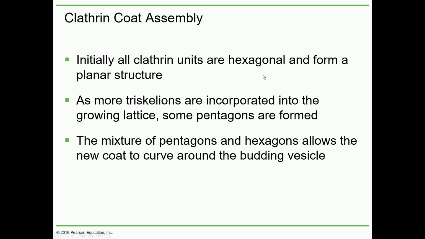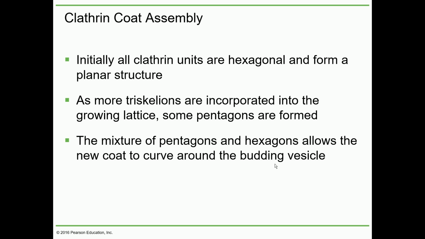Initially all clathrin units are hexagonal and form planar structures. As more triskelions are incorporated into the growing lattice, some pentagons are also formed. The mix of pentagons and hexagons allows the coat to curve around the budding vesicle.